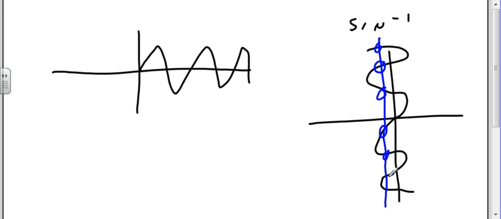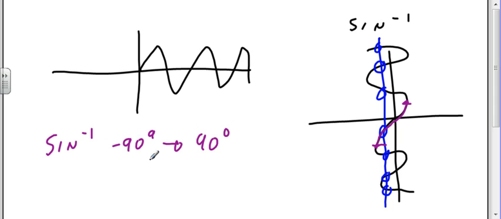It looks like I have an infinite number of answers, which of course I do. So we do what mathematicians do when it comes time to worry about things like that. And we say, okay, the arcsine function is only going to be defined from minus 90 degrees to plus 90 degrees, from minus pi over 2 to plus pi over 2. And that way, I don't get into trouble. I'm going to be perfectly okay.